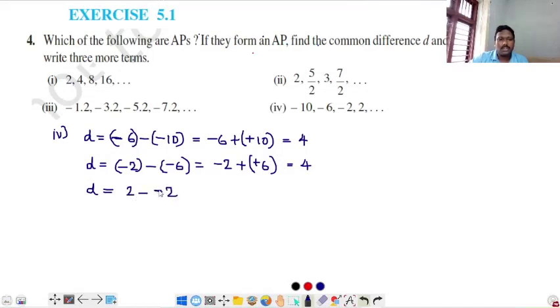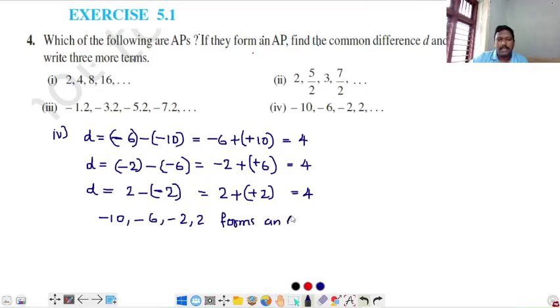The minus changes into plus 2, so 2 plus 2 is also 4. So this forms an AP: −10, −6, −2, 2 forms an AP.